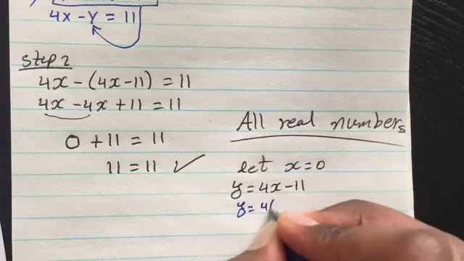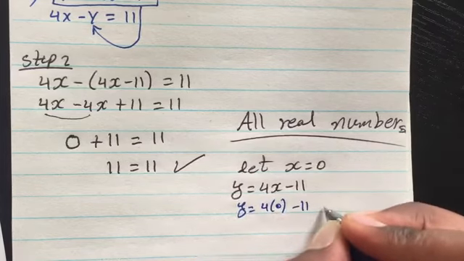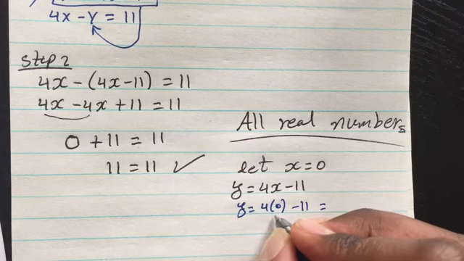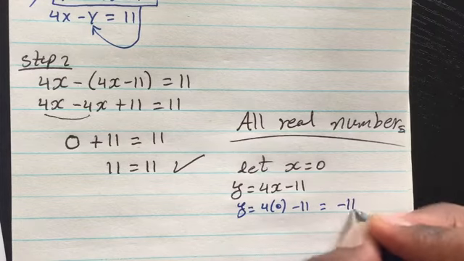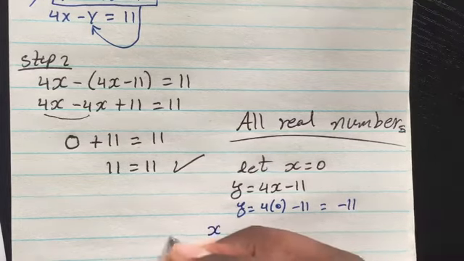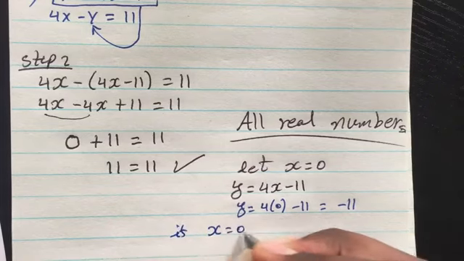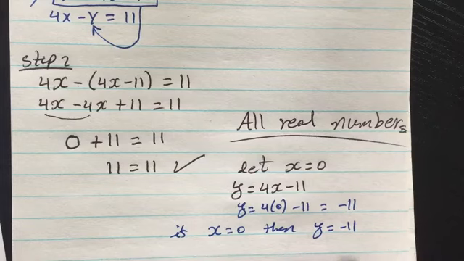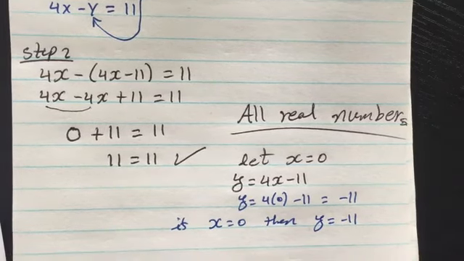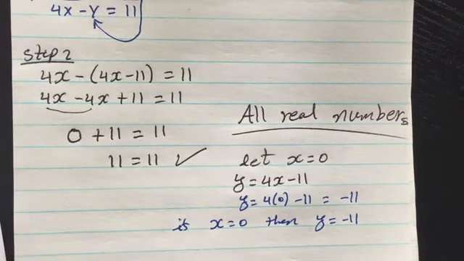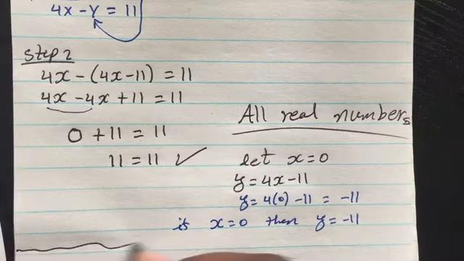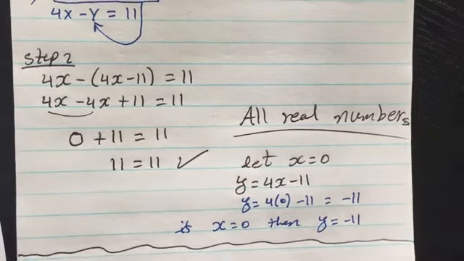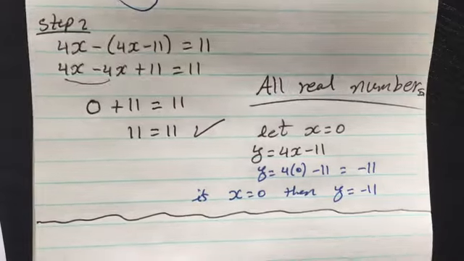Y equals 4 times your x value minus 11, which is 4 times 0 is 0, minus 11 is negative 11. So if x equals 0, then y equals negative 11. That is one solution to the problem. So just say all the real numbers is the solution we want.